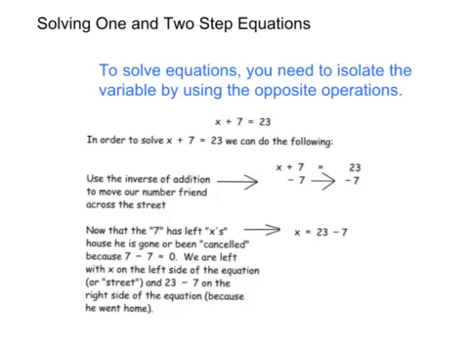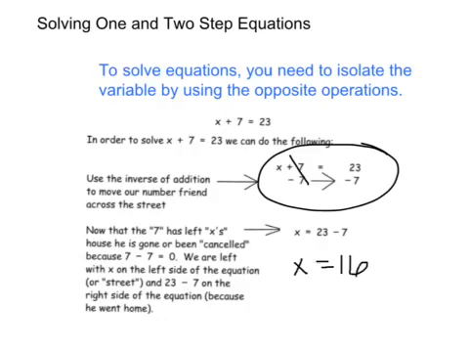So as you can see right here, in this step, I am subtracting 7 from both sides. Well, when I do 7 minus 7, it gets rid of it, leaving me x all by itself, which is what my plan was, to get x all by itself. Then I would do 23 minus 7, which is 16. So x equals 16. And that is our answer.